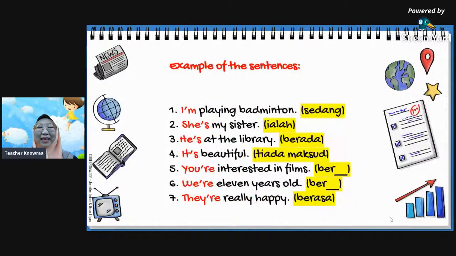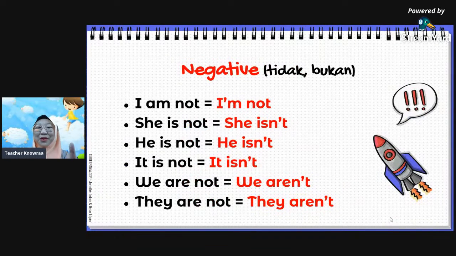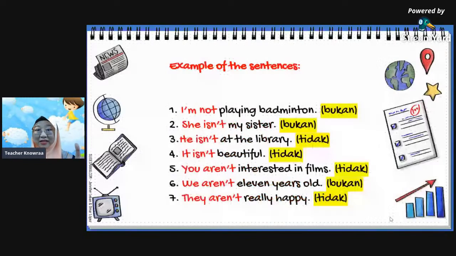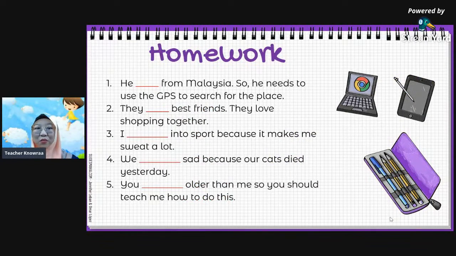Okay. Example here, I'm playing badminton. She's my sister. He's at the library. It's beautiful. You're interested in films. We're 11 years old. They're really happy. I'm not. She isn't. He isn't. It isn't. We aren't. They aren't. I'm not playing badminton. She isn't my sister. He isn't at the library. It isn't beautiful. You aren't interested in films. We aren't 11 years old. They aren't really happy. So this is the homework.